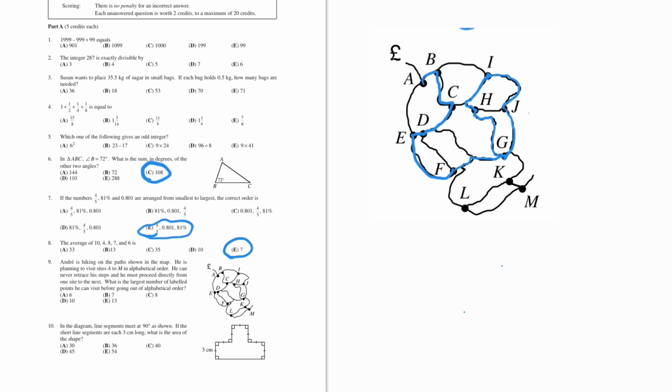So I can't go to K. So stop at J. So how many are there: A, B, C, D, E, F, G, H, I, J? So I can go to the 10th place in alphabetical order. So the answer is D.